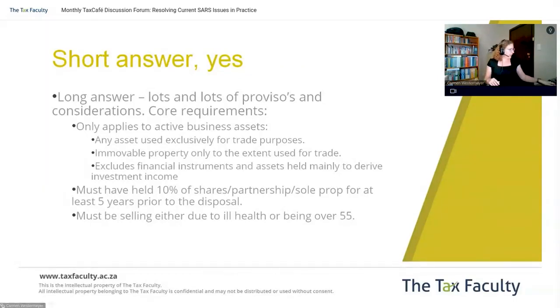Unfortunately, if you have a look at rental properties, rental properties are actually also specifically excluded. Okay. So that's not going to be something which they're going to allow. For the purposes of the slides, I've shortened it to investment income.